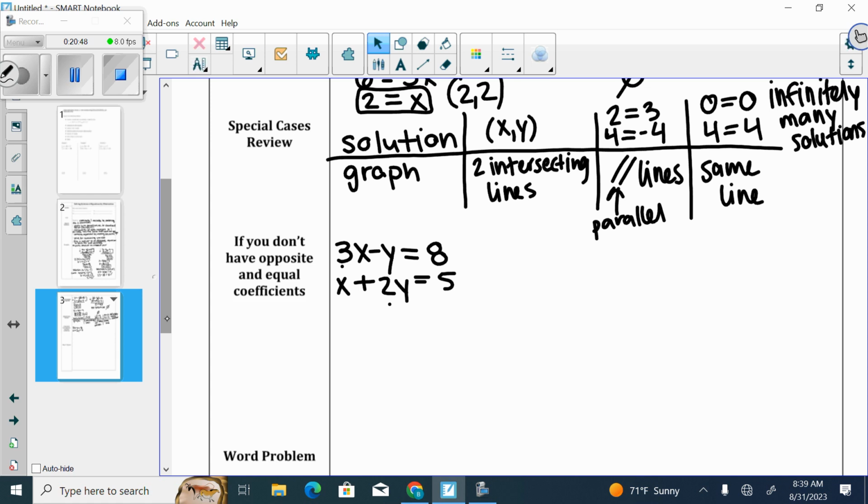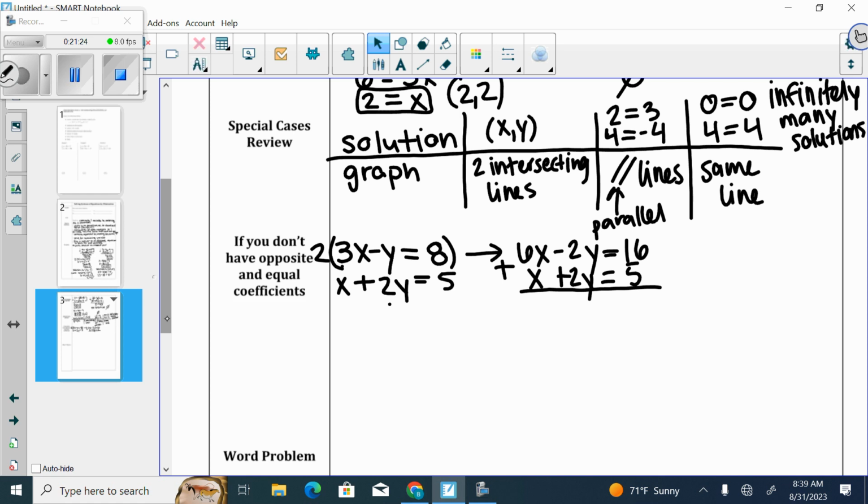Perfect. That's exactly what we want to do here. So I'm going to multiply the entire first equation by 2. If I multiply that first equation by 2, what does it become? Very good. And then we're not going to change anything about that other one. So I'm just going to rewrite it as it was, right below it. And now if we add, we should have something eliminate.